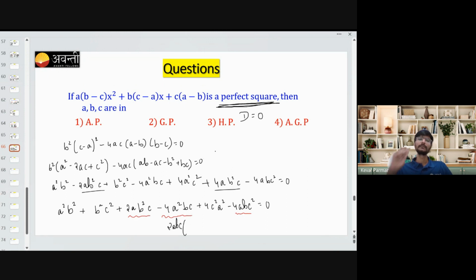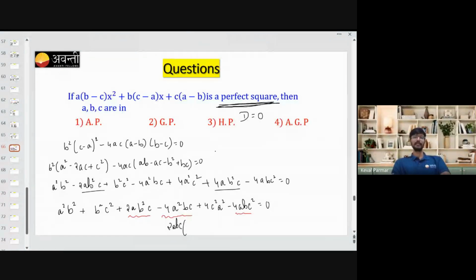I think there is some issue in the question, because the coefficients are also not corresponding, and did we make an issue somewhere? So b square into c minus a the whole square.